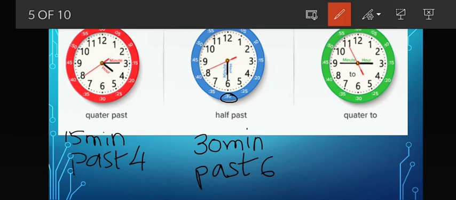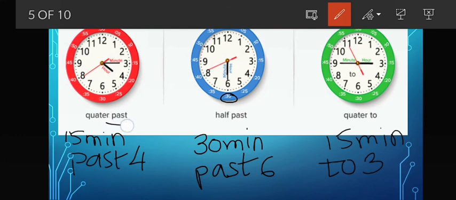Now see, the hour hand is at 3, but the minute hand is at 9, so you will say quarter to 3, 15 minutes remaining before 3 o'clock. Yes, you can either say 45 minutes past 2 o'clock, or you can say quarter to 3, meaning 15 minutes to 3. 15 minutes remaining before 3.